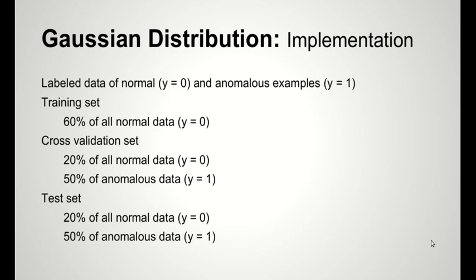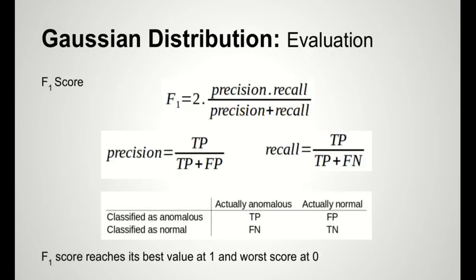So the F1 score reaches its best value at 1 and the worst score at 0. So when we are evaluating our program, we want to have an F1 score as high as possible.